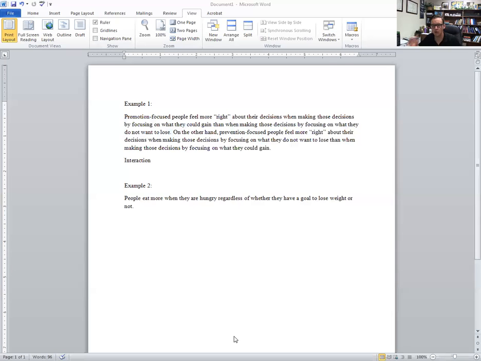Even the person with a goal to lose weight is probably going to eat more when hungry, but they're probably going to eat less than the person who doesn't have a goal. Now, this is a bar graph, and this is how you might represent the relationship we just talked about with the line graph, with a bar graph.